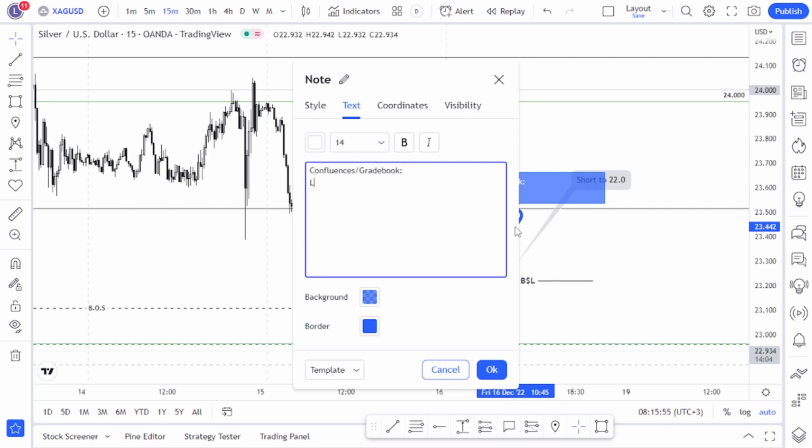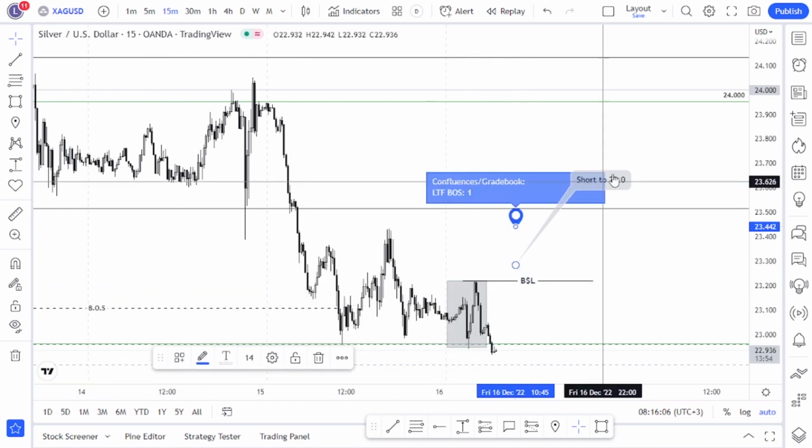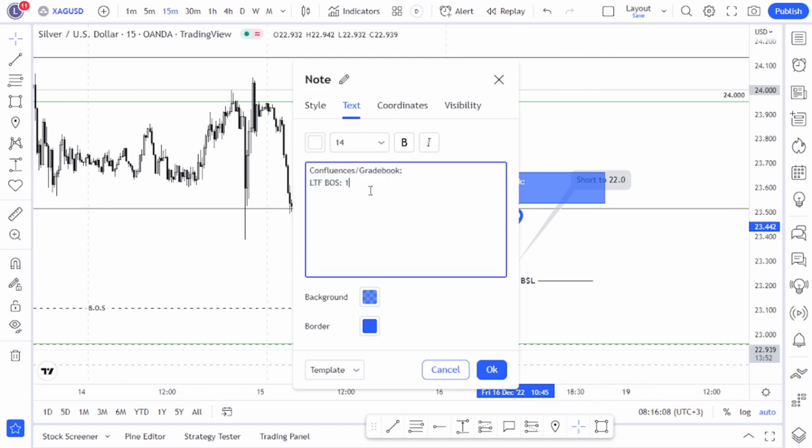There's been a lower time frame break of structure, which we give one point. That is this break of structure here. I've marked it out here, this BOS. There is also higher time frame confirmation, which is the engulfing on the daily.